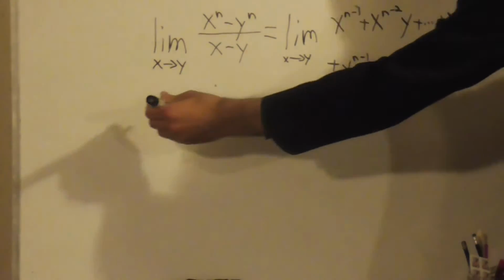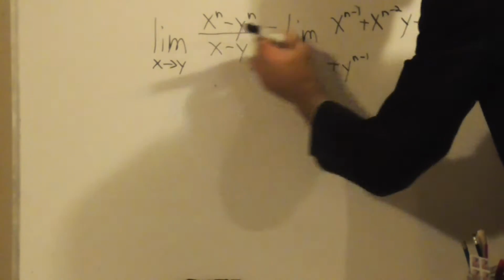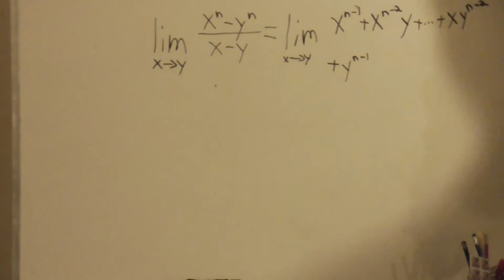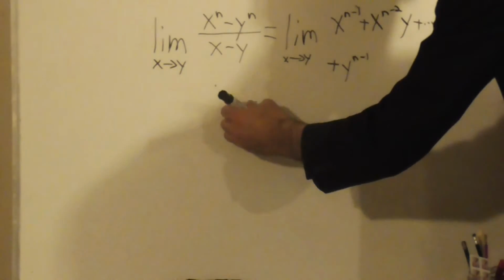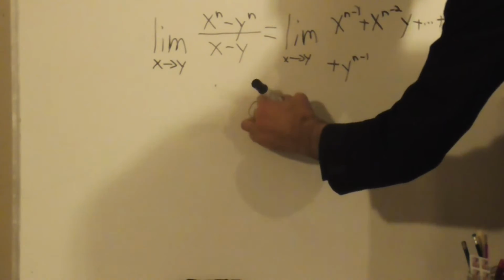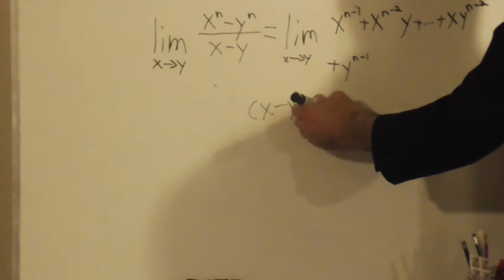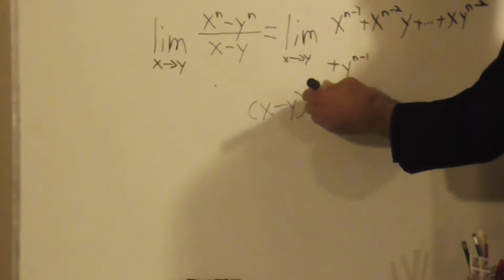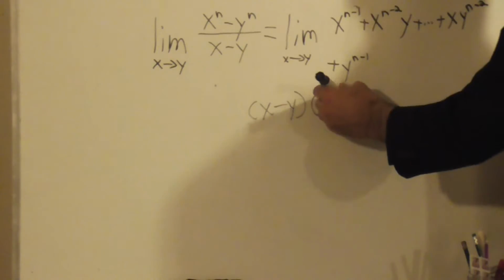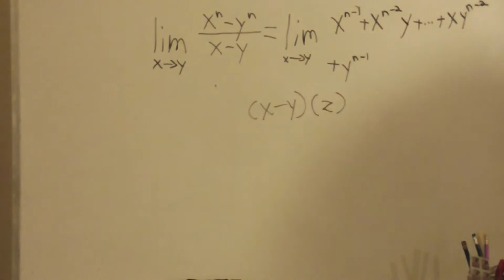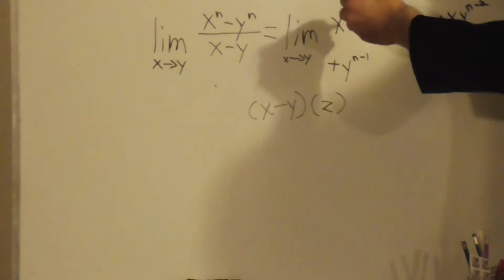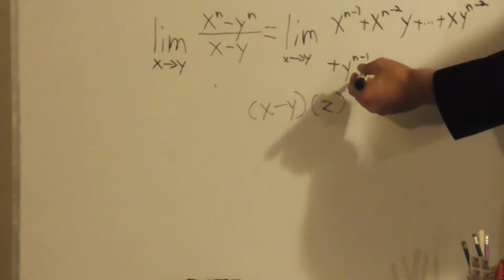So we have this whole expression, and we have the quantity x minus y, which is being multiplied by it. So x minus y multiplied by, I'll denote this as z, just for clarification, just so that I don't have to write out all of that. We have x minus y multiplied by z, where z is everything inside here.